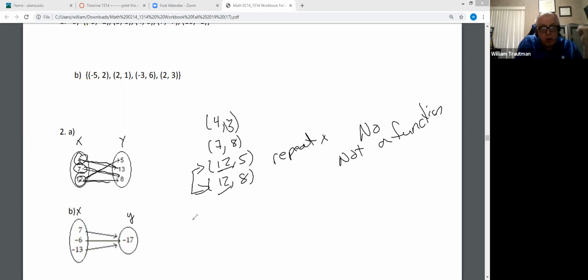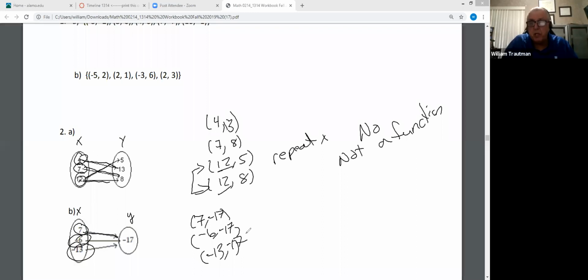And if we do part B and write them in coordinate form, I have 7 that goes to negative 17. I have negative 6 that goes to negative 17. And I have negative 13 that goes to negative 17. I don't care about a repeating y value.